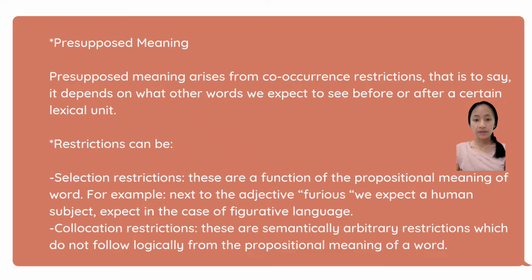For example, next to the adjective various, we expect a human subject, except in the case of figurative language. The second is collocation restriction. Collocation restrictions are semantically arbitrary restrictions which do not follow logically from the propositional meaning of a word.